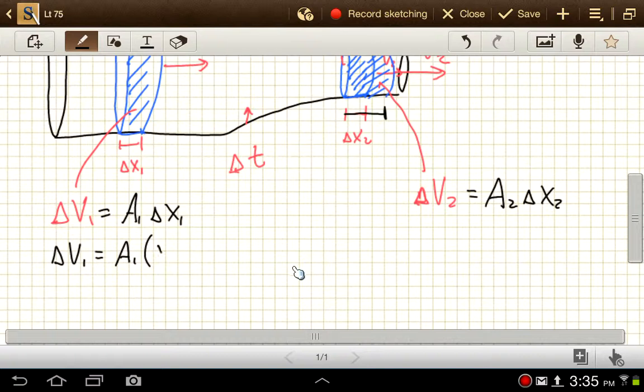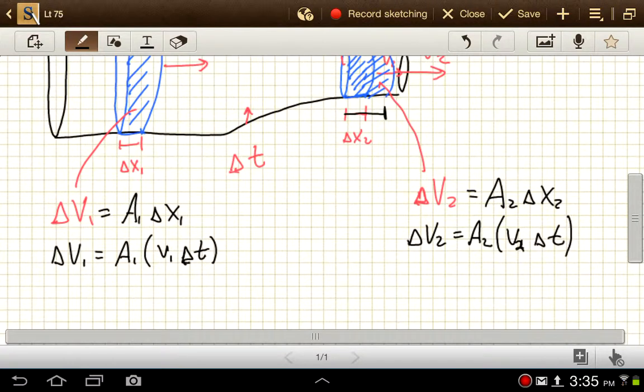So this is V1 times delta T. Now this is nice because I'm starting to work with a common variable, this delta T, for each one of these two equations. So that might be a point where I can combine these two equations. And then for delta V2, we'll have A2, and then instead of delta X2, we'll have the speed times the time. V2 times the time.